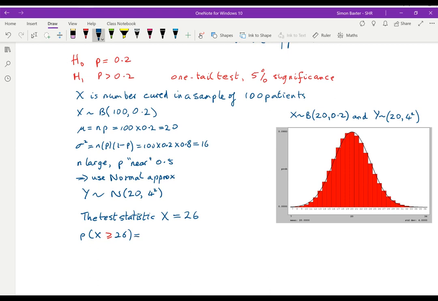This is why I like a different letter. It's approximately equal to, it's an approximation, the probability that Y is greater than, well, if we want to include the rectangle 26, we've got to start under the normal curve at 25.5.